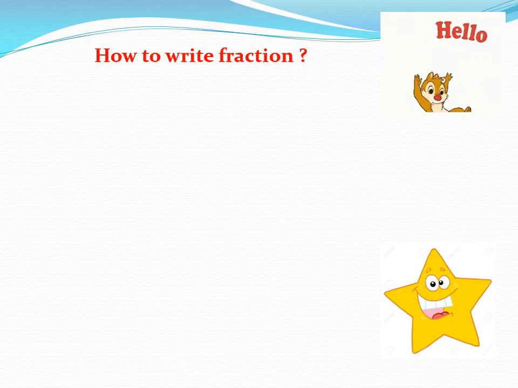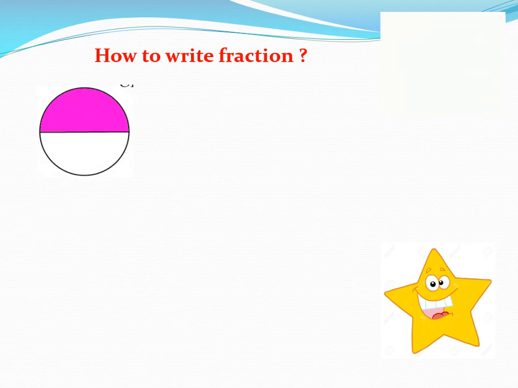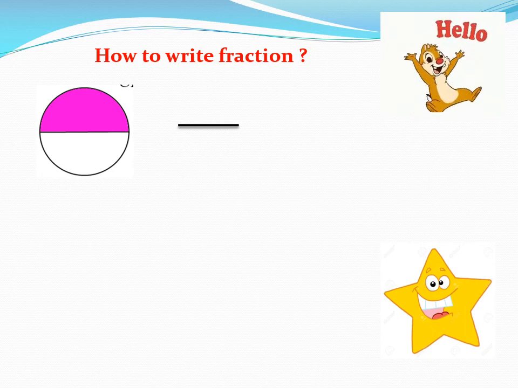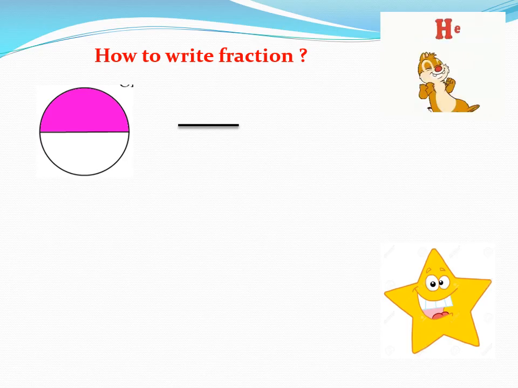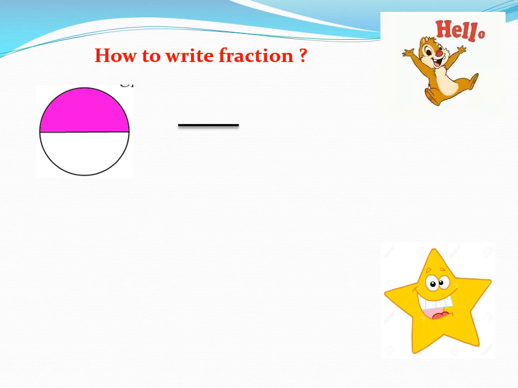Now, how to write a fraction? If I have a circle and the circle is divided into 2 equal parts, the first step to write a fraction, I will make a line. Then I will write 2 numbers, a number under the line and a number above the line. The number under the line will be the total of parts I have.